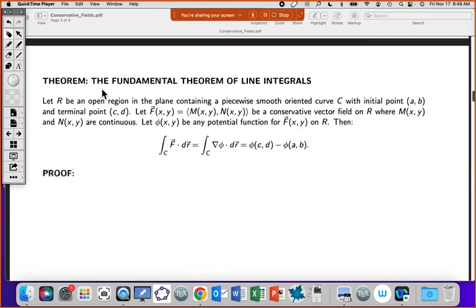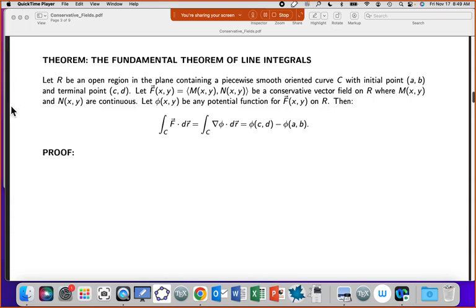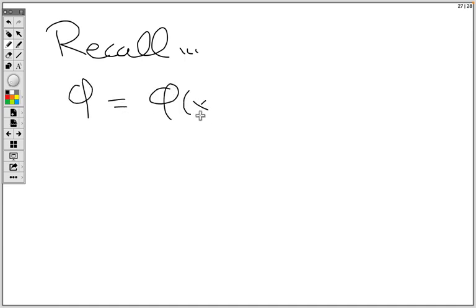Okay, so who would care about finding a potential function? Well, let's review. Recall, if you have a function, say, of two variables, we talked about the total differential. Do you remember what the total differential was?